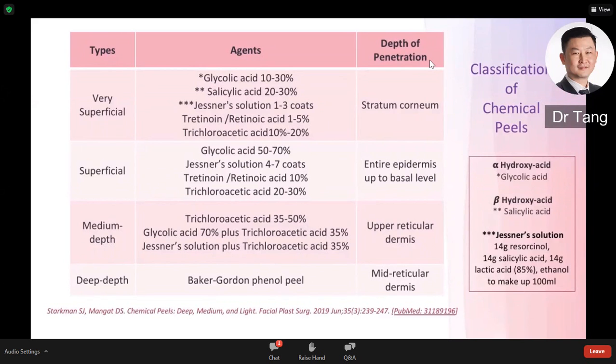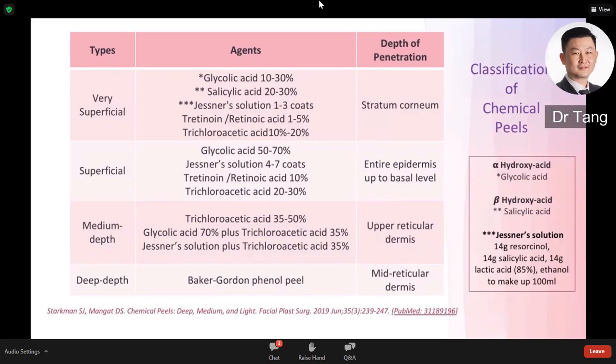Apart from that, salicylic acid 20 to 30%, Jessner solution 1 to 3 coats, tretinoin or retinoic acid 1 to 5%, and trichloroacetic acid 10 to 20% are all considered very superficial peel. Very superficial peel basically penetrates only up to the stratum corneum of the epidermis.